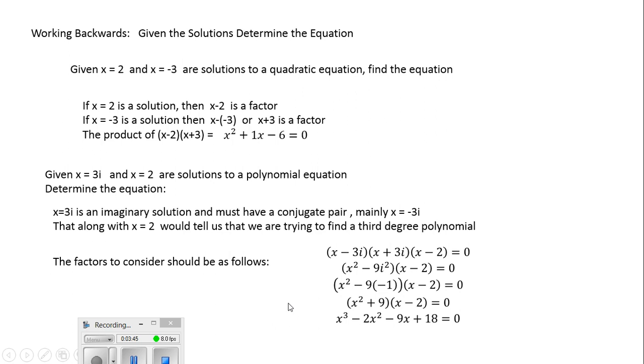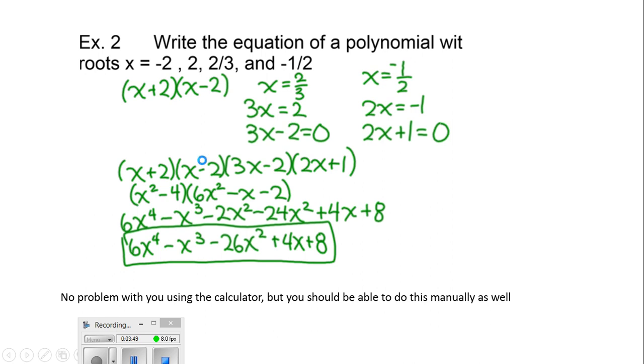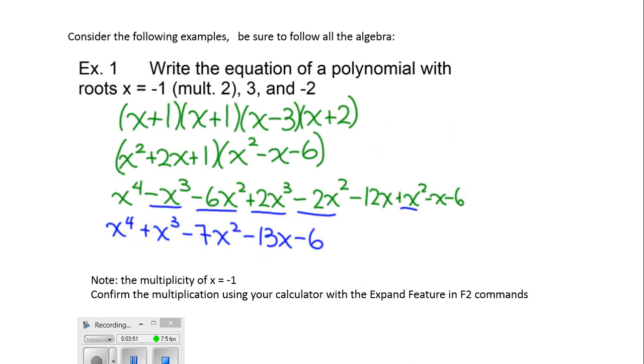Okay? Moving on. Okay, we now look at this guy. Write the equation of the polynomial whose roots are x equals -1, having a multiplicity of 2, meaning it appears as a factor twice, along with 3 and -2.